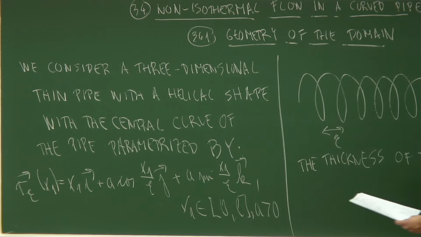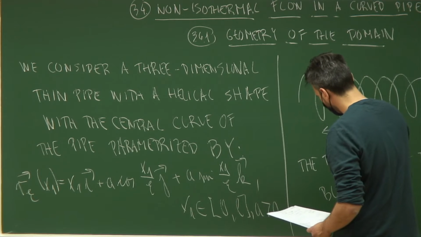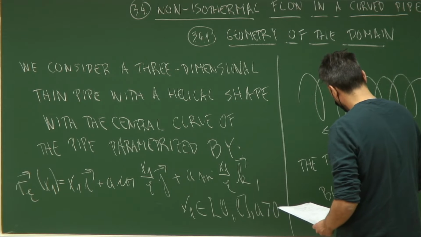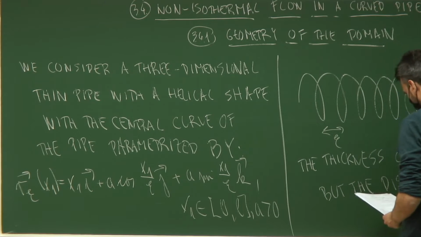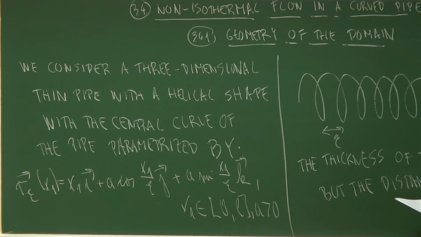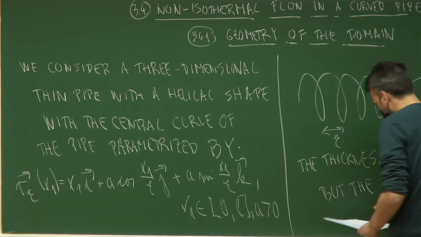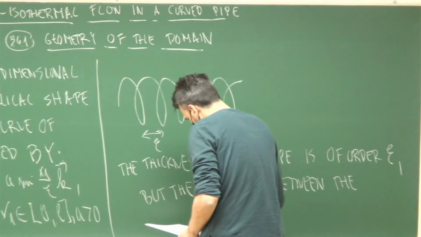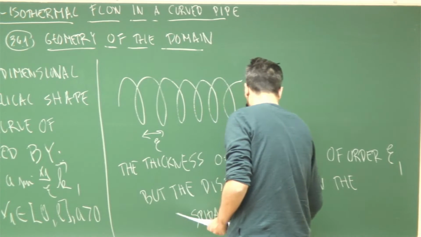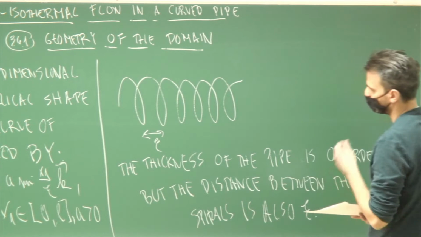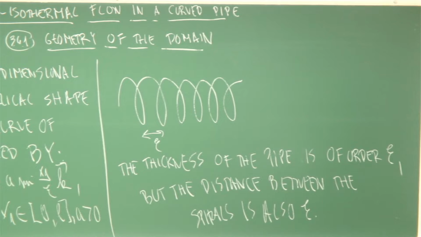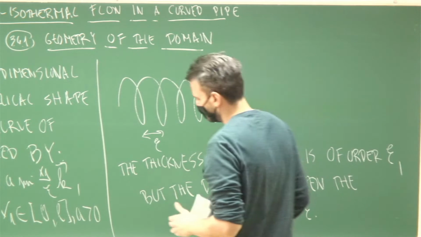But more than that, you also have the distance between the spirals, which is also epsilon.